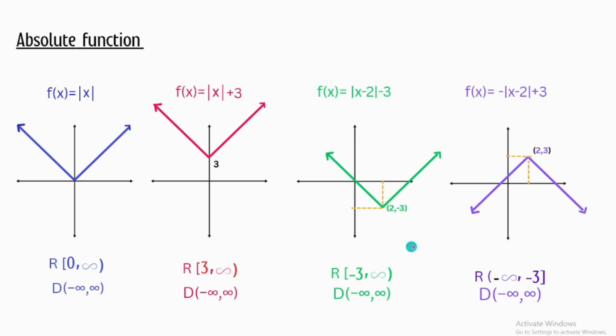We change the sign of the inside value, so negative 2 becomes 2. Then we look at the y coordinate. Now the vertex is a maximum value, so the range goes from minus infinity to 3.